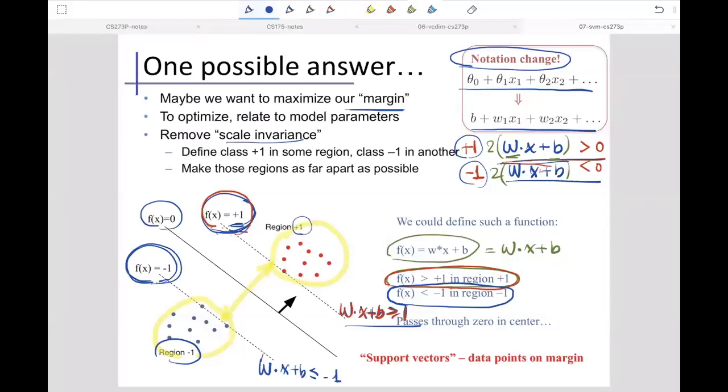This is the setup of the problem. I didn't do anything new here. The only thing is that we fix these to be +1 and -1 to reduce redundancy. The choice of 1 is not important. You could choose 2, so it would be greater than 2 or less than -2. That's okay too.